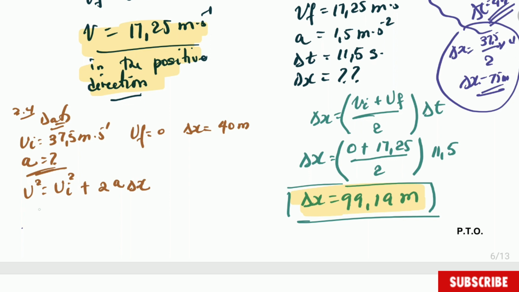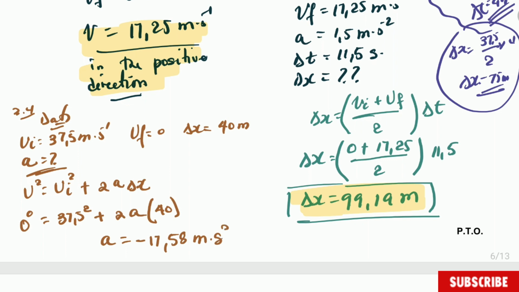And all you have to do is to substitute the final velocity 0, the initial velocity 37.5, and all that is squared, plus 2 multiplied by the acceleration multiplied by the displacement, which is going to be 40, and then this is just rearrange and calculate. When you do this calculation, this is what I get: negative 17.58 meters per second squared.